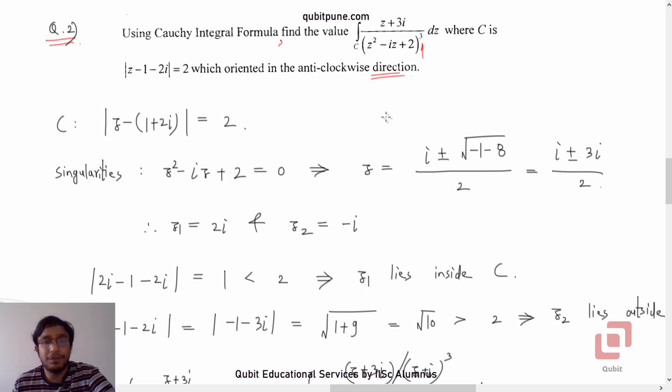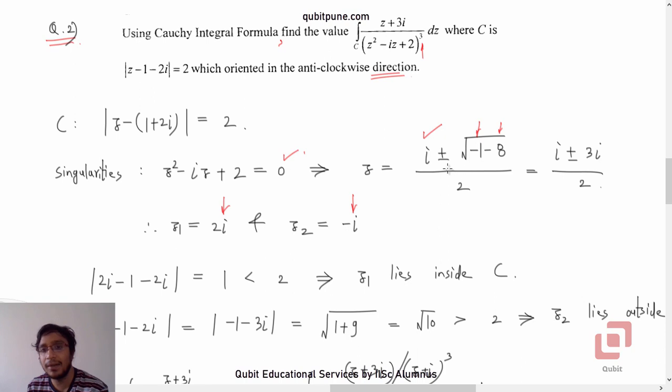First let us try to find out those points where the denominator of our integrand is 0, or those points where the function is not defined, the poles or singularities. For this, go to the denominator and equate it to 0, because this is now a rational function. Now this equation when solved produces the roots as 2i and minus I. Minus b, so plus I, plus or minus root of b squared minus 4ac, so minus 8.